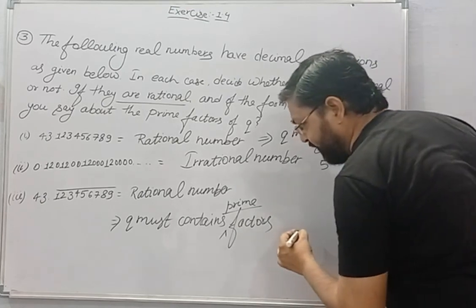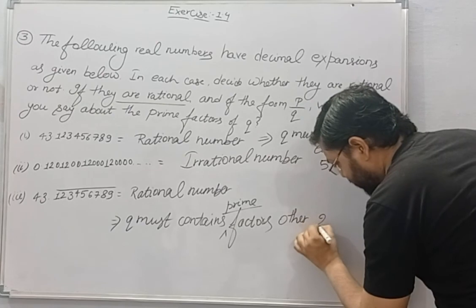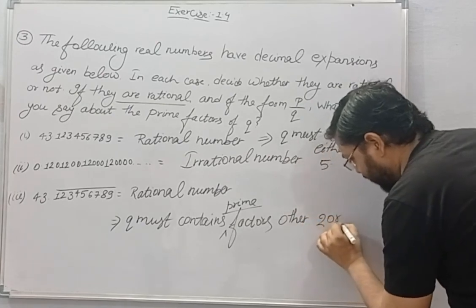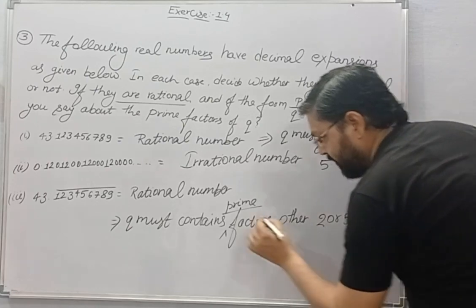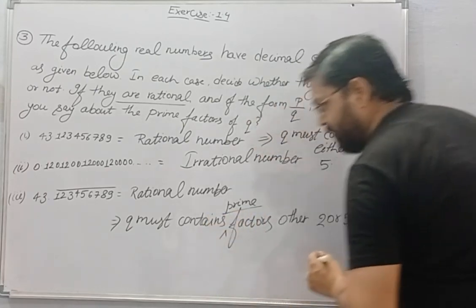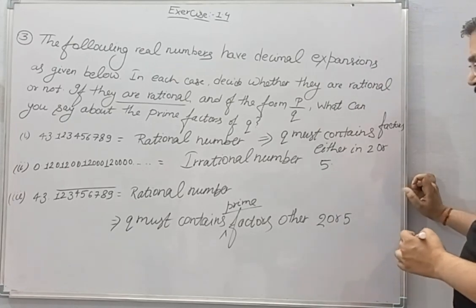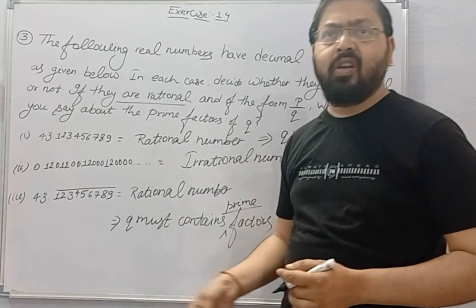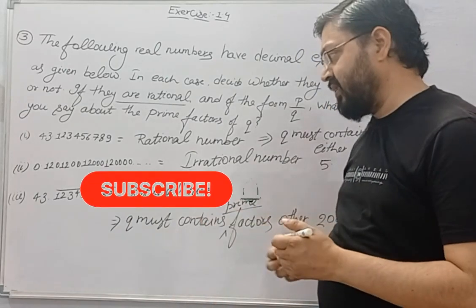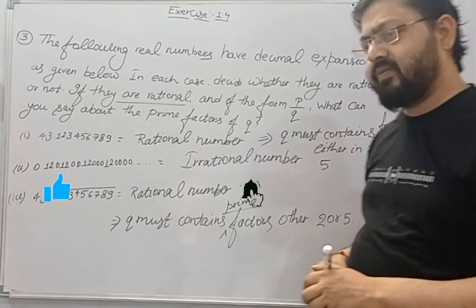It means it may contain 7 or 3 or 11 as a factor in the denominator. That's why.